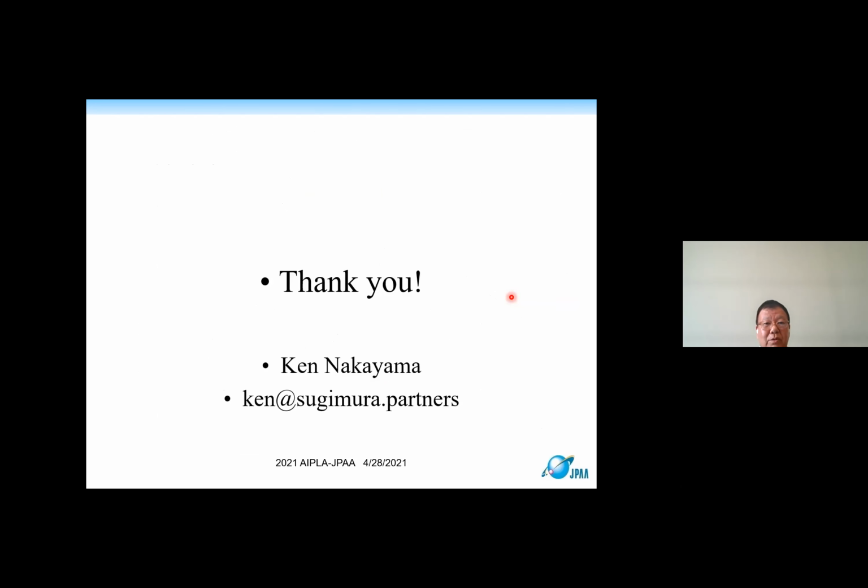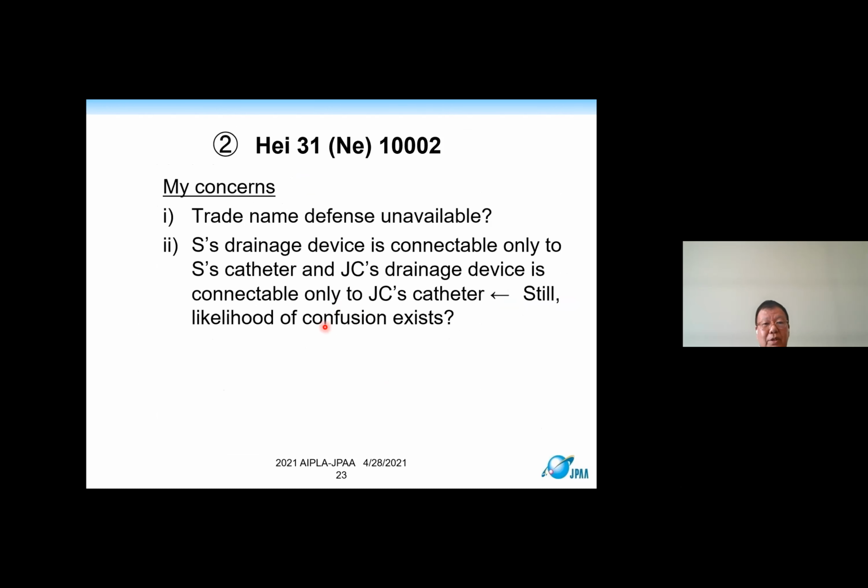And the other concern is that the Sumitomo drain device connects only to the Sumitomo catheter, and the Covidien device connects only to the Covidien catheter. So the consumer must be very careful about which product they are going to purchase, because otherwise it's not useful, right?